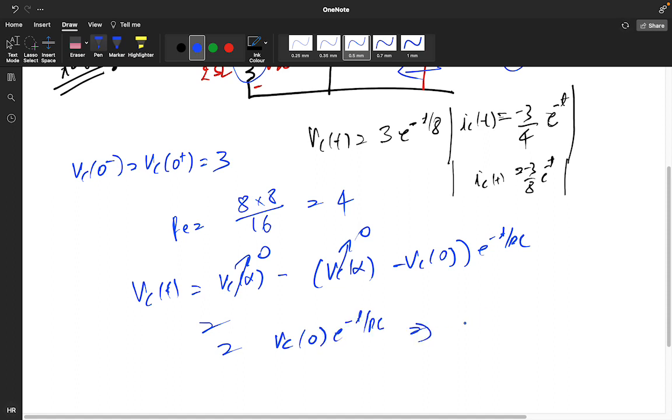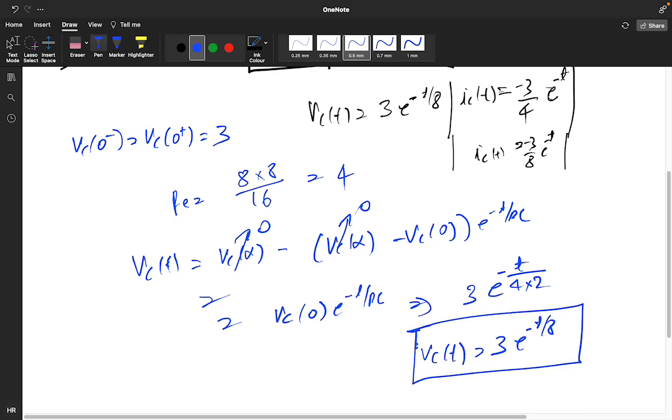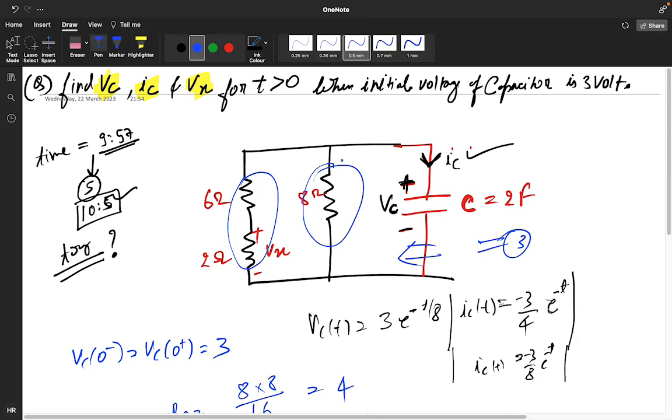VC of 0 is 3, e power minus t, R value is 4 and C value is 2. So you are getting VC of t is 3 e power minus t by 8. That is correct. Okay, you got the value of VC of t.